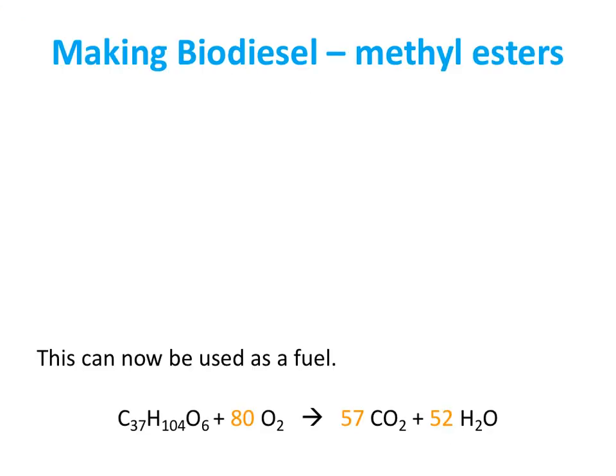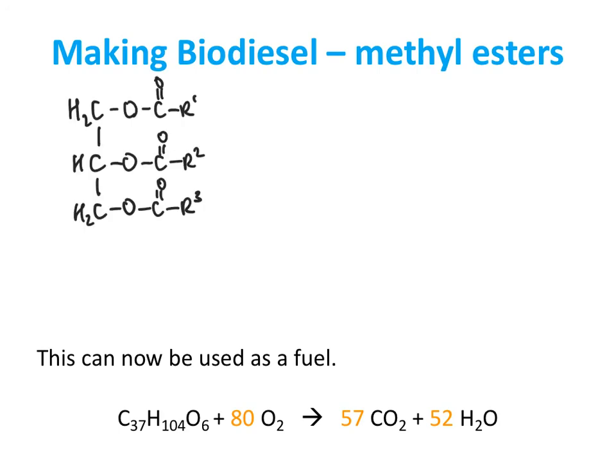And then lastly, we can use vegetable oils to make biodiesel. Again, this is a hydrolysis reaction. Again, we're starting with a triglyceride, only this time we're going to react it with methanol. Obviously we're going to be breaking three linkages, so we need three methanol molecules. And we get, as we always get, our glycerol.